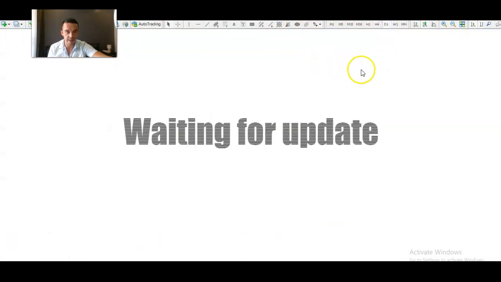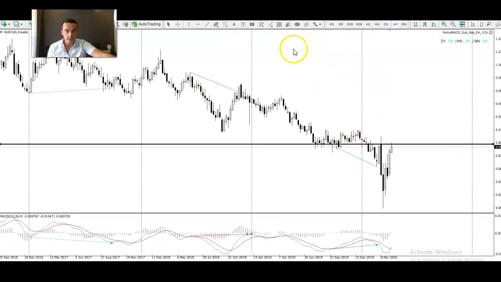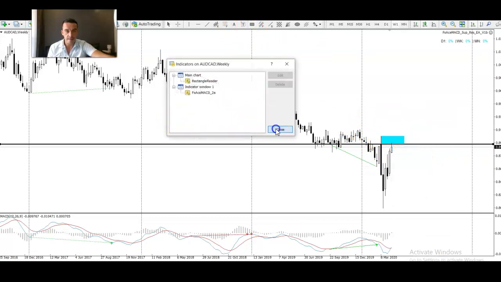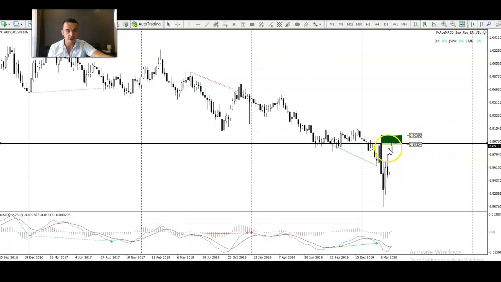The reason we're doing this trade is simply because we've got this weekly area here, and you can see price has been rocking, and this area caused this low. Price is making its way back up towards it, so I'm expecting a reaction here.